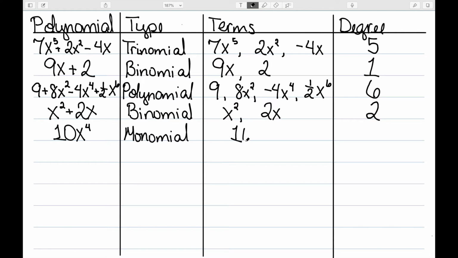Like I said, there's just a single term, 10x to the fourth, and the exponent on the variable is a 4. The last one I'll look at is just the number 4. Once again, we're just adding one thing, so we have a monomial. The term is just 4, and since there's no variable at all, the degree will be 0.